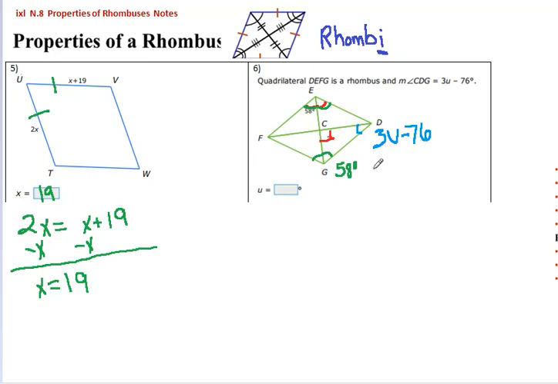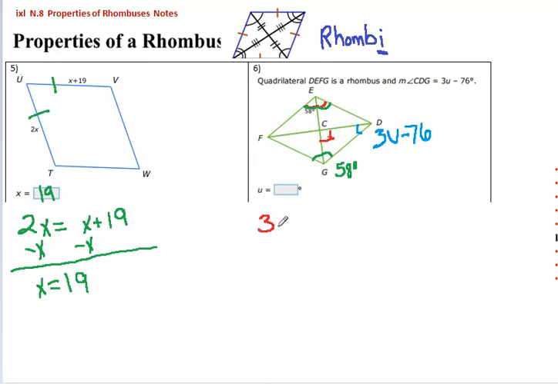Again, to solve for u, we need to set up that something equals something. We know that this angle here and this angle here have to equal 90, because with this 90 and this 90, that's going to be 180 degrees.